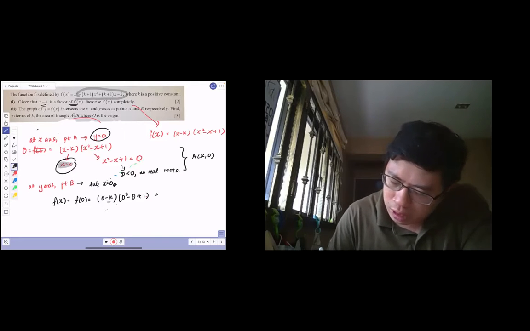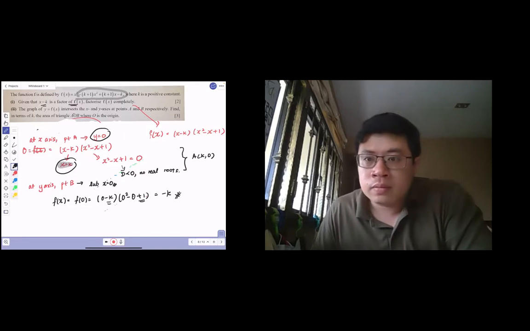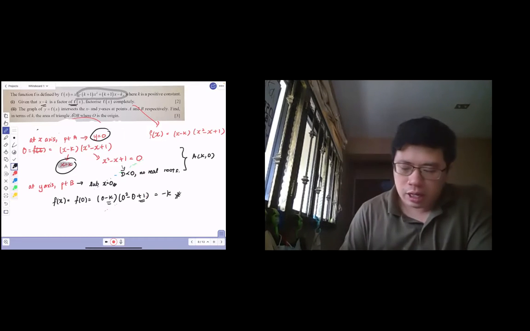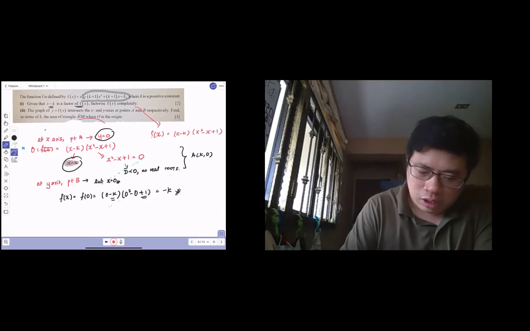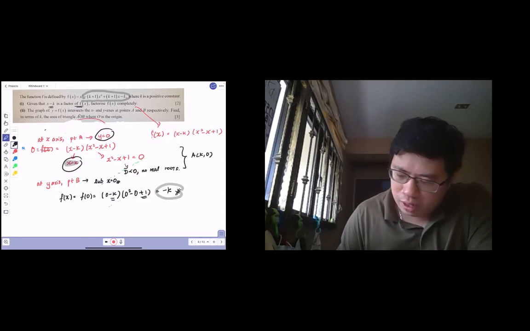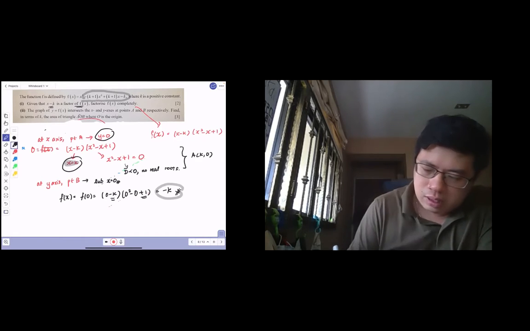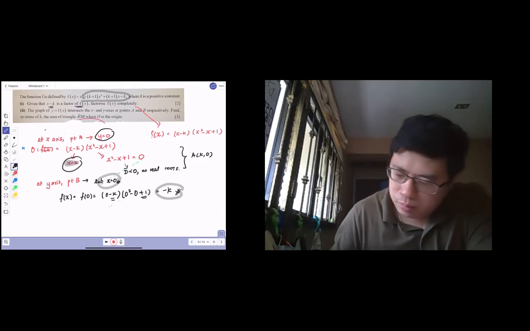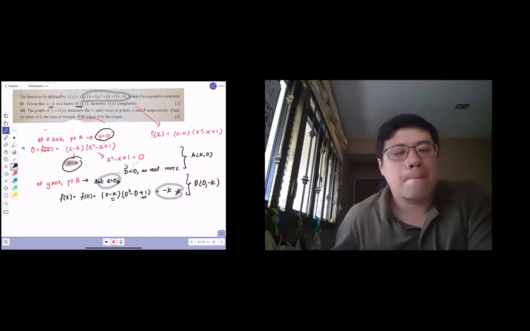That gives you negative k times 1, negative k. So the y value is negative k, the x value is 0. So your point B is (0, negative k).